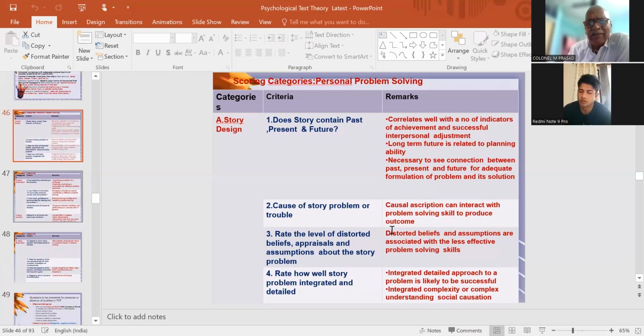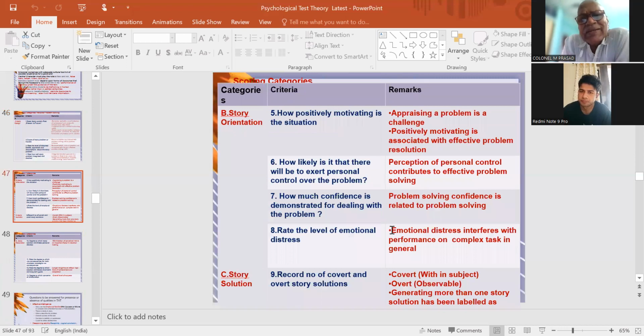So a story design, it's not a story. It's just basically a description that you have to come back to. Okay. Is the story motivating? Looks to be easy, but it's not. Okay. What is your personal control in the story? You just put in effort, that's all.